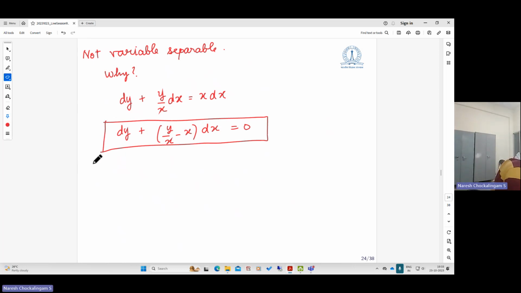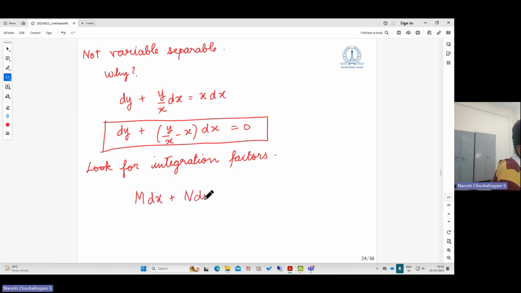So we look for integration factors. What are they? So this is of the form m dx plus n dy is equal to 0.